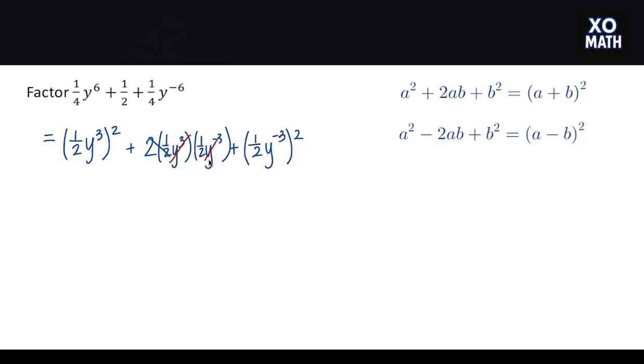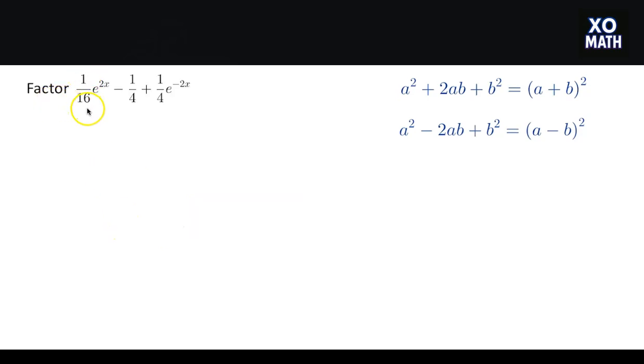So these are gone, and all I have left is that 1/2. So the middle here is 1/2. So this is confirmed to be a perfect square trinomial, which means it's going to factor to a plus b, all squared: 1/2 y cubed plus 1/2 y to the negative 3, all squared.